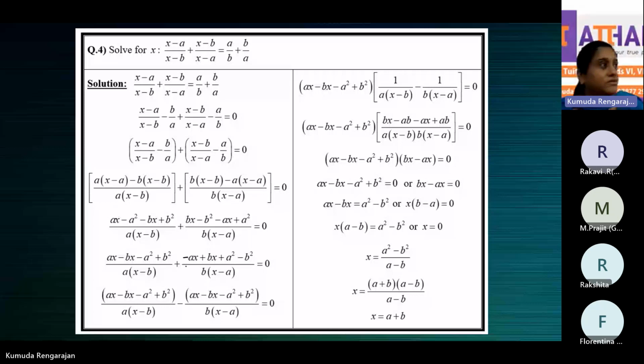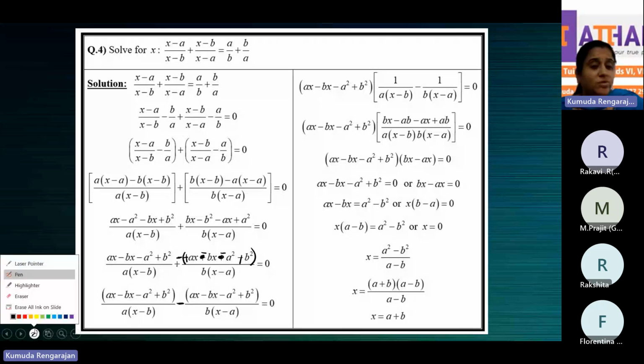When you take out a minus sign and put the rest in a bracket, the signs will change. Minus into plus will become minus.